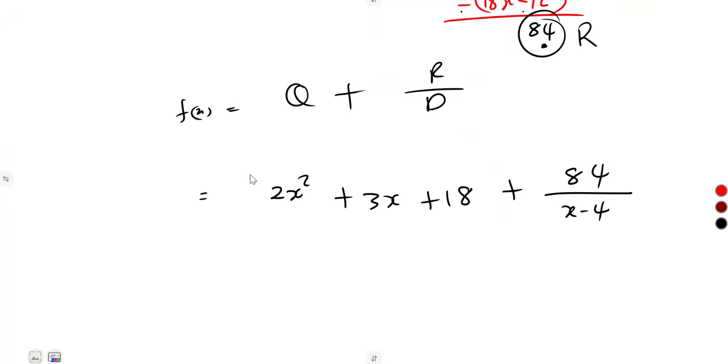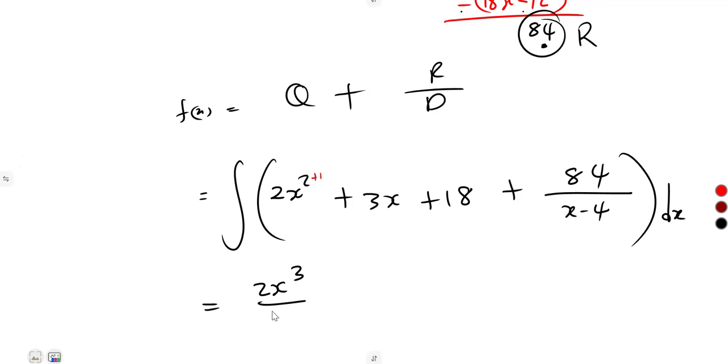So it is the one that we are going to simply integrate with respect to x. So integrating here, you're done. Simply add 1, then divide by the new power: 2x to the exponent of 3 over 3. Plus, this is 1 plus 1, that's 2. So it's 3x squared over 2. 18, we're just going to put x, 18x.